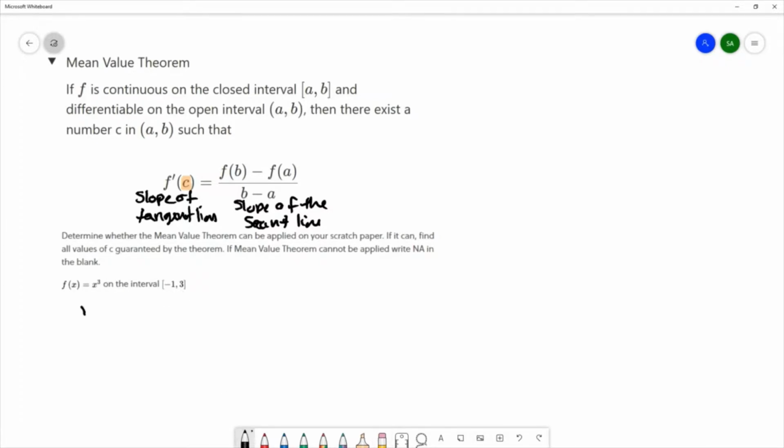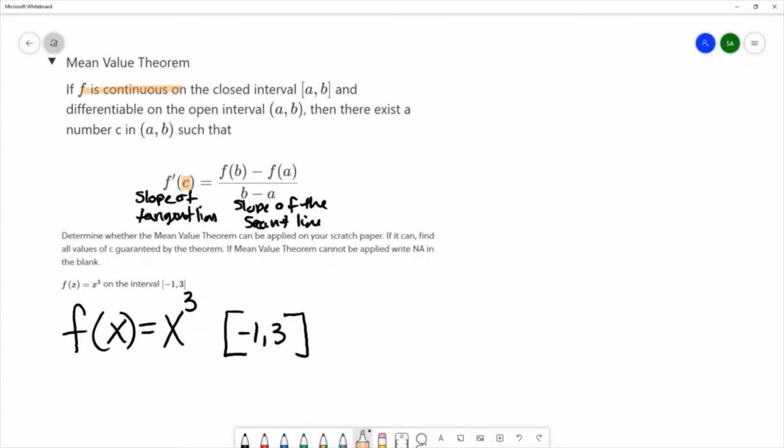The first condition is that our function needs to be continuous on the interval [a, b]. Since f of x equals x cubed is a polynomial function, and polynomial functions don't have any discontinuities, f is continuous on all real numbers, but since we're only interested in this interval, we'll just write from -1 to 3.